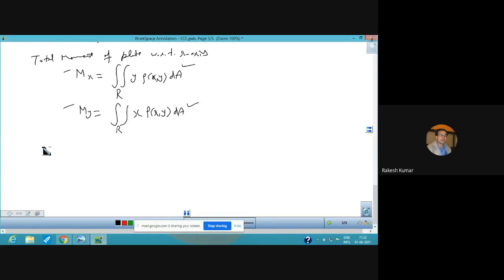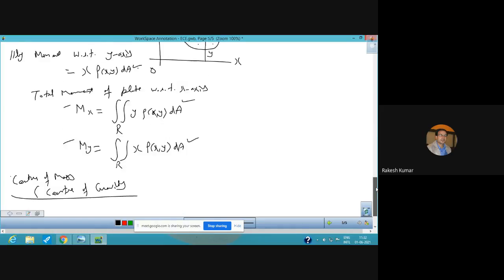And with the help of these formulas, we can find out the center of mass, and center of mass is the same as the center of gravity. So this is important to find. Physically, center of mass is the point at which the total mass of the plate could be concentrated without changing its moments with respect to either axis.